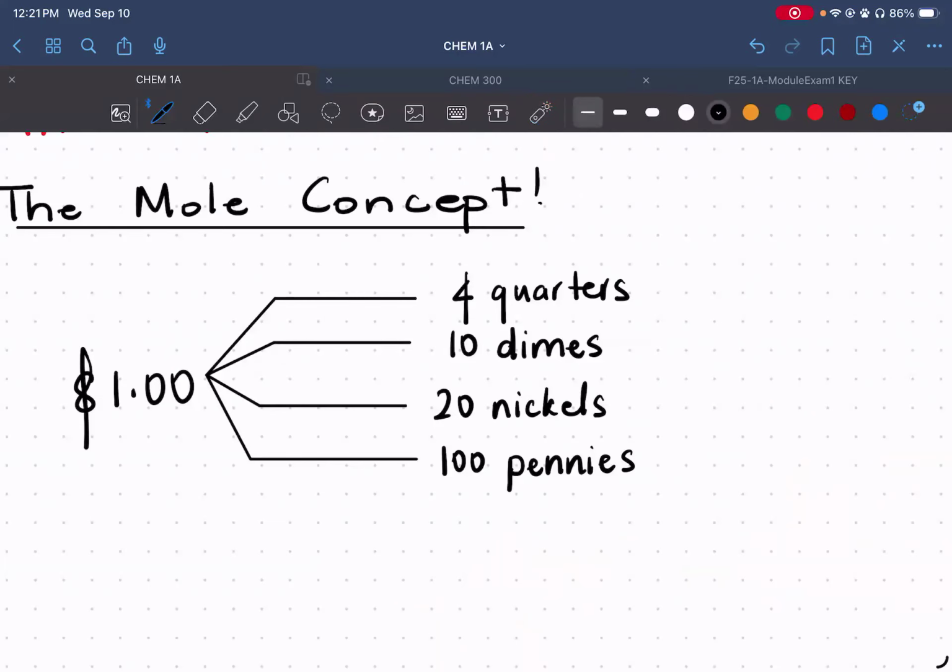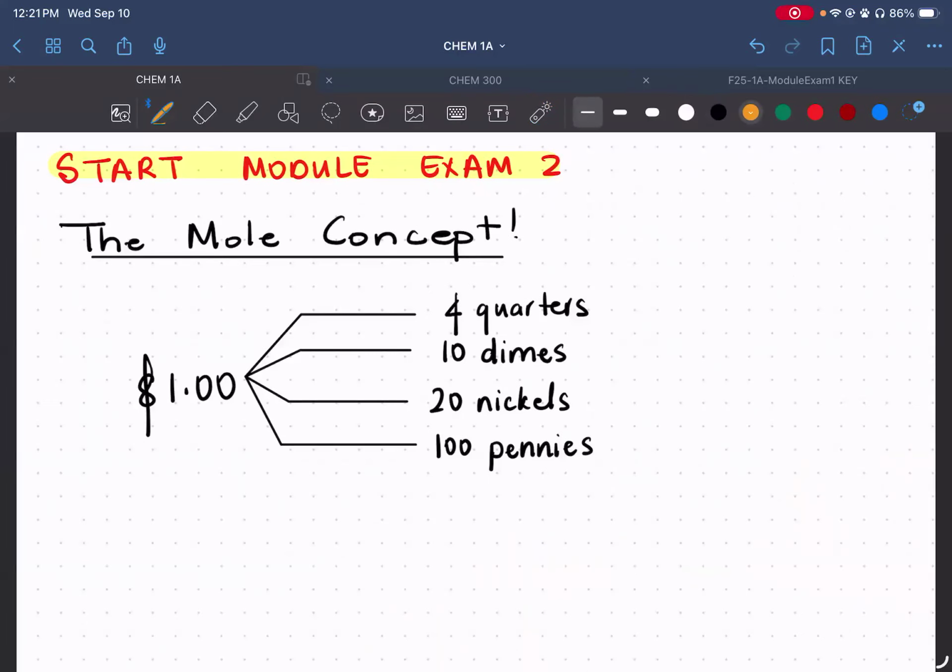In the same way, I want us to think about the mole as a chemical currency, where 1 mole can mean many, many, many things, just like $1 means 4 quarters, 10 dimes, 20 nickels, and 100 pennies.